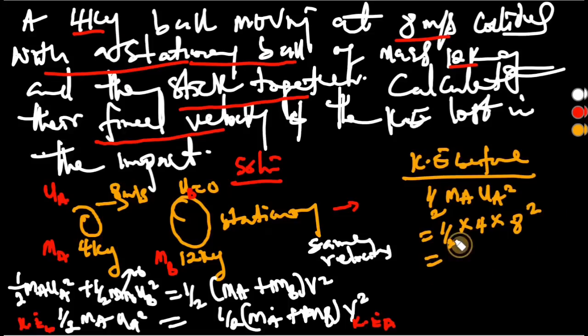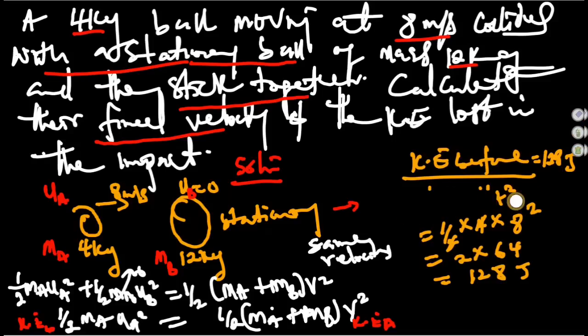This 2 can cancel this, so you have 2 times 8 squared. 8 raised to the power of 2 is 64. If we multiply this, we have 128 joule. So the kinetic energy before is 128 joule. I write it here as 128 joule.